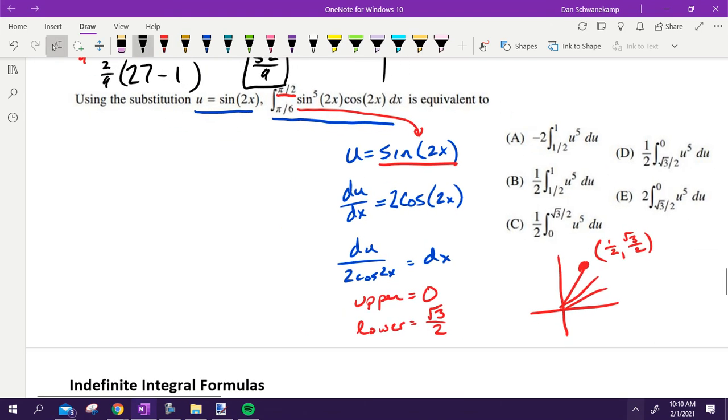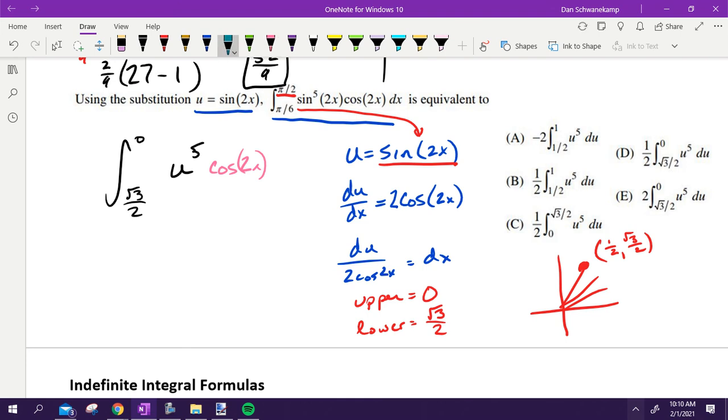Then we do some substitution. We are integrating from square root of 3 over 2 to 0. Instead of sine of 2x, I'm going to put a u to the 5th power. Okay, then I've got this cosine of 2x still.